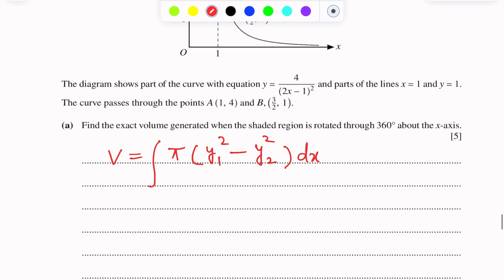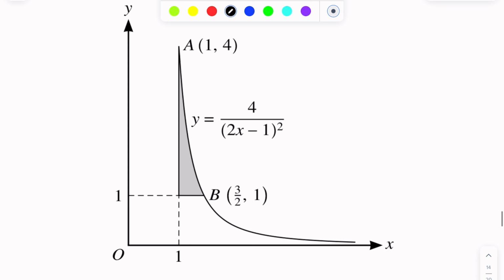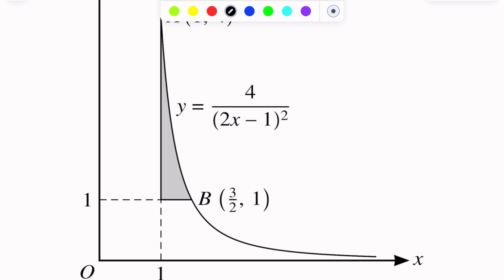We have to integrate this. Pi is just a multiple. Then we will take this equation of the curve.